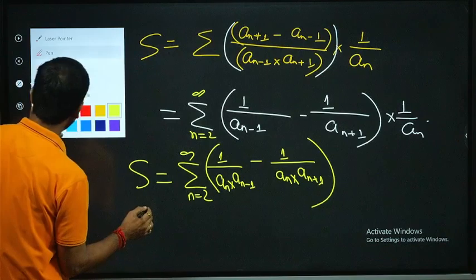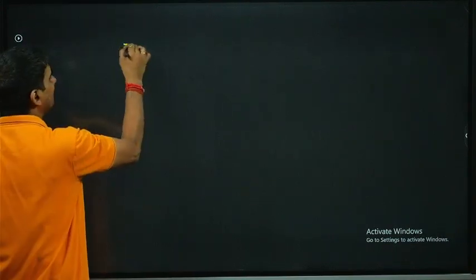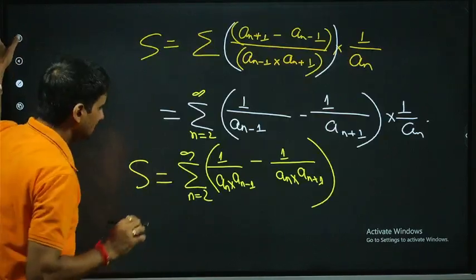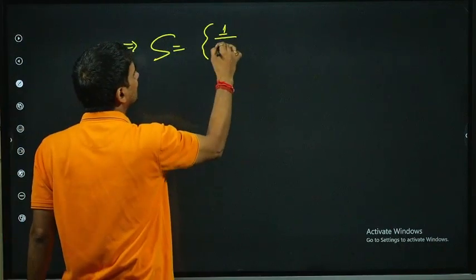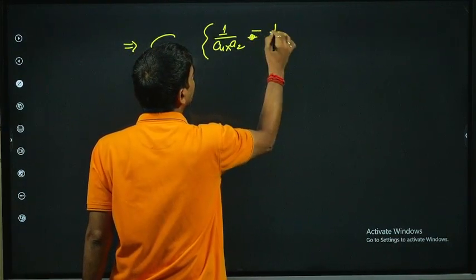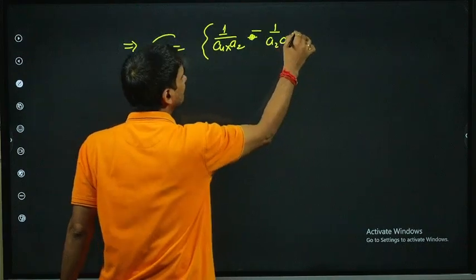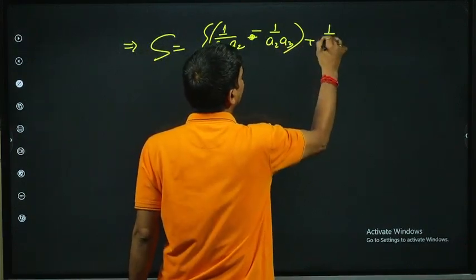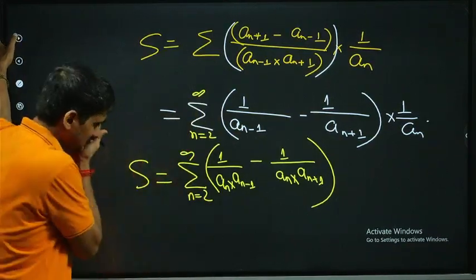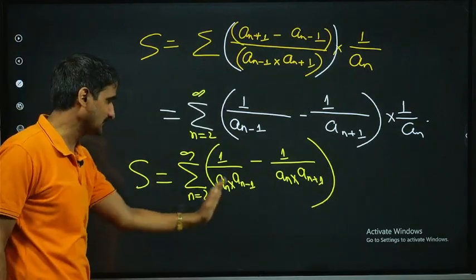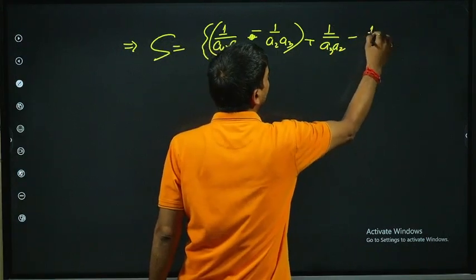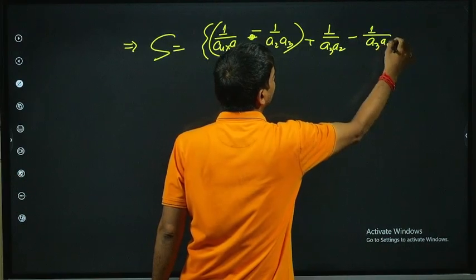Now just open it by substituting different values of n, starting from 2 of course. We get 1 by a1 a2, minus 1 by a2 a3, then plus 1 by a2 a3, minus 1 by a3 a4, and so on.